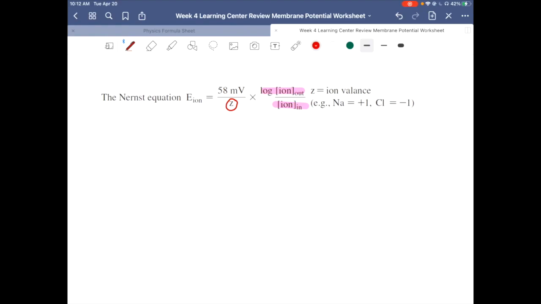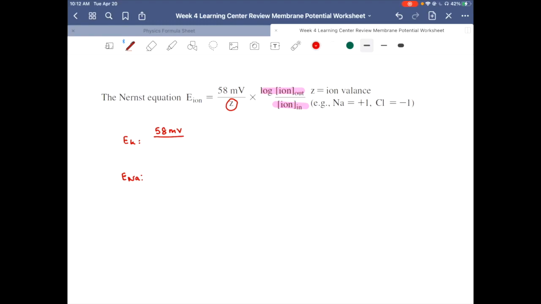So for the first one, they want us to find it for potassium. What is the equilibrium potential for potassium and equilibrium potential for sodium? In order to do that, we first write out the equation. So we have 58 mV, and then Z is what it dissociates to, or the charge. So we know sodium has a +1, chloride has a -1.